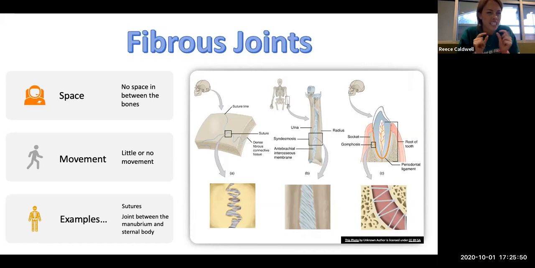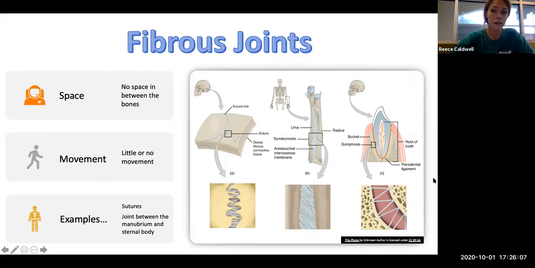We want just the slightest bit of movement, but not a lot. What I'm concerned with in these structural classifications is knowing the movement and the example. I'm not too concerned about the space. So movement and examples are what you're going to want to focus on here.